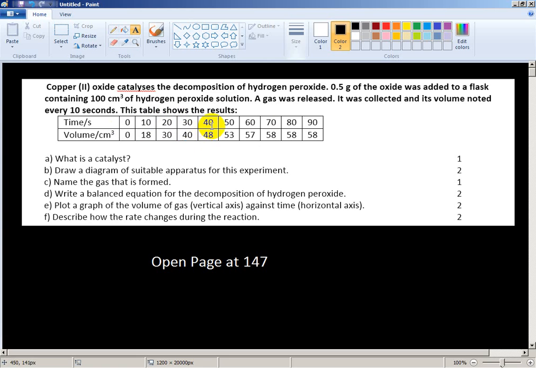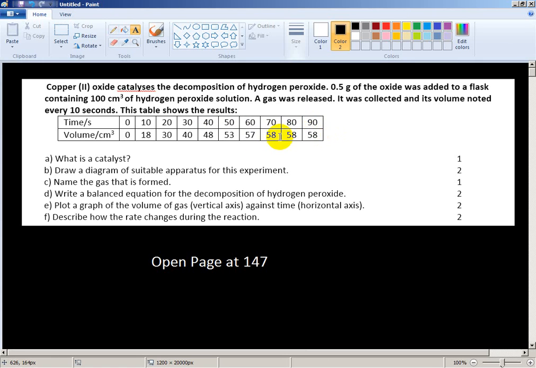At 40 seconds, 48. At 50 seconds, 53. At 60 seconds, 57. At 70, 80 and 90 seconds, volume 58. Here there is no change because the reaction completed.